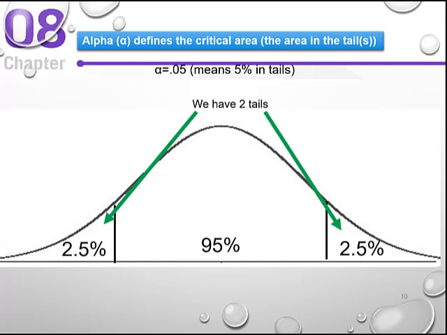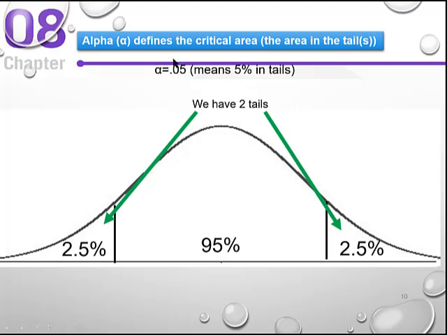Since we have two tails, we have to have 2.5% in each of the tails. Because again, remember, this whole thing is 100%. So 95% is in the middle and 2.5% is on the outside because we have two tails, and those 2.5 plus 2.5 then is the 5%. And this 5% is what an alpha of 0.05 tells you.